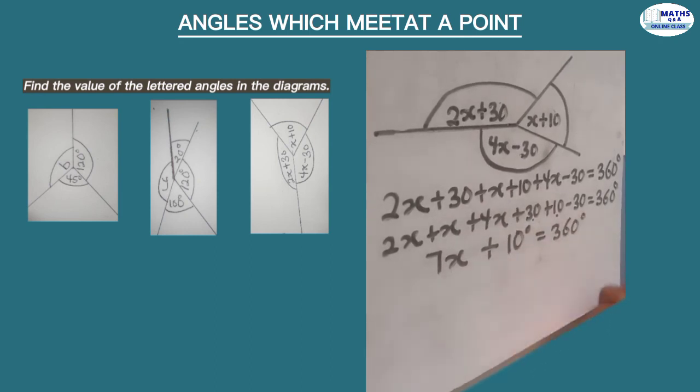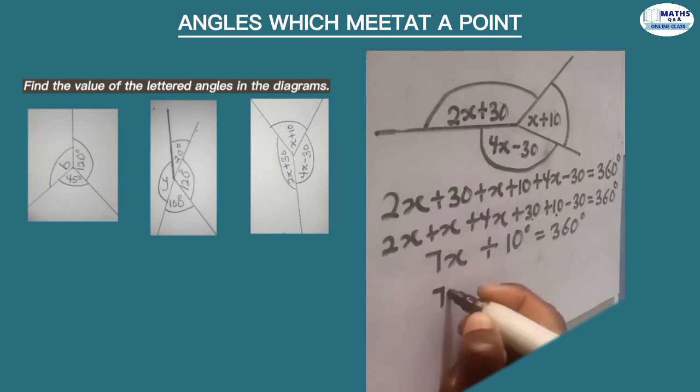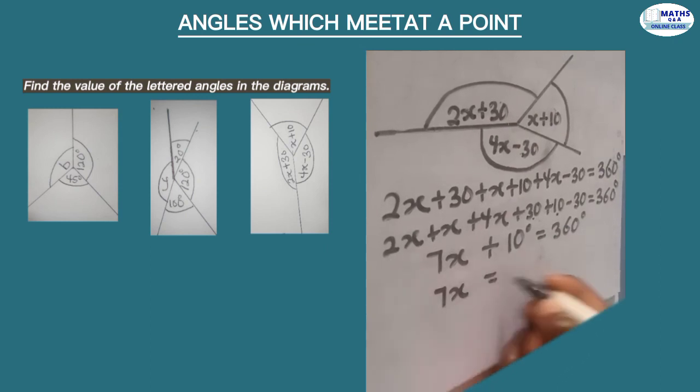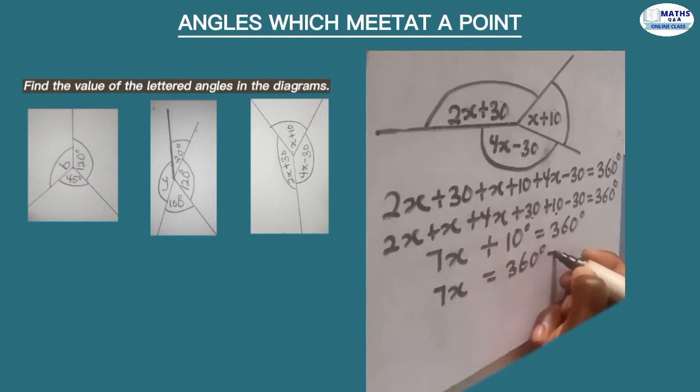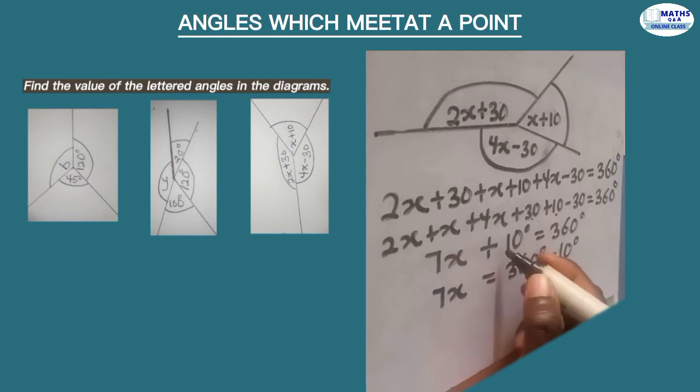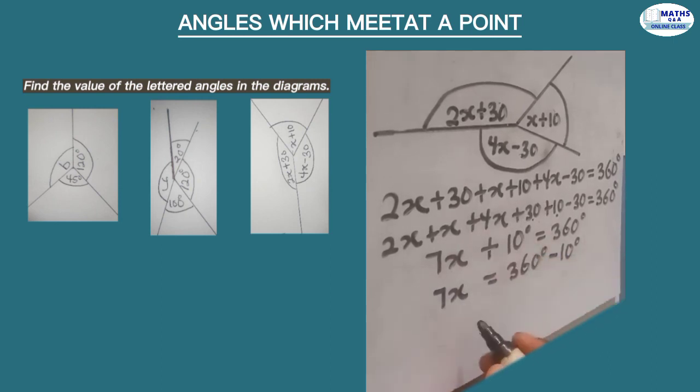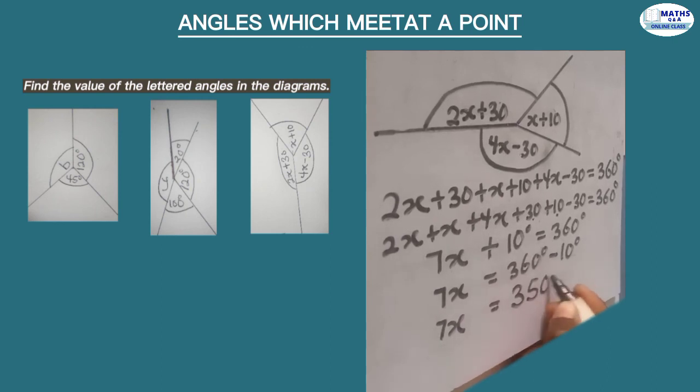Now let's group like terms. 7x is equal to 360 degrees minus 10 degrees, because we've sent the 10 from the left hand side to the right hand side, right? So we have 7x, which is equal to 360 minus 10, which is what? 350 degrees. Now we want x.